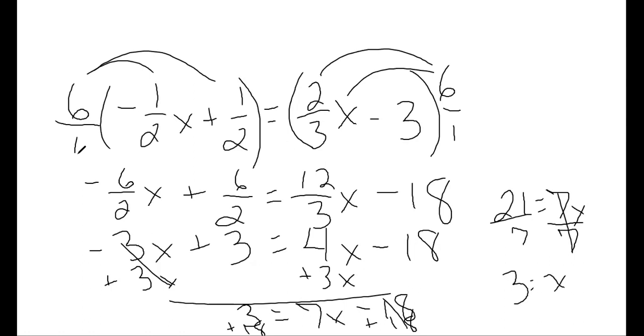But remember, x equals 3 is not the only answer. So we want to be able to take this x equals 3 and plug it back into one of the original equations. Let's go to a new screen. The first original equation was x plus 2y equals 1.